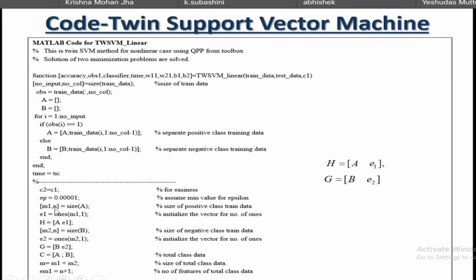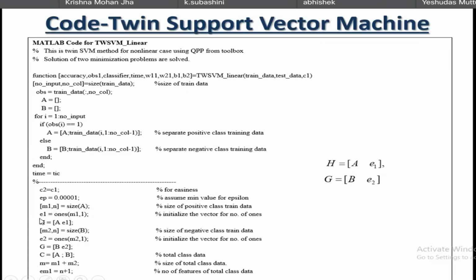Again, we compute the size of A. What is the size of A? It is m1 comma n. Here in m1 you will get the total number of positive class samples, and in n you will get how many attributes there are. So n you are storing.